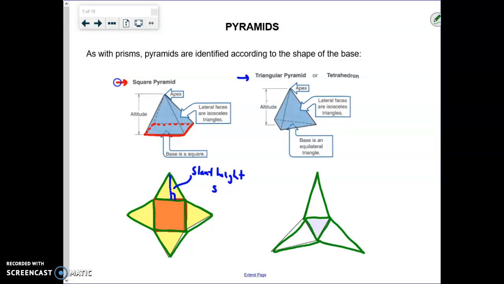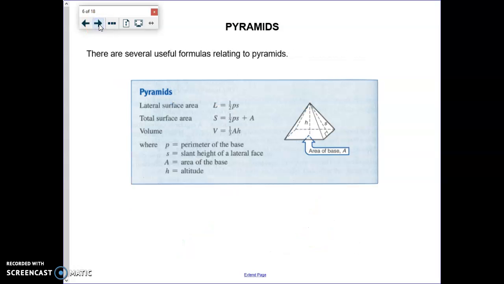Now in a right pyramid, those lateral faces will always be isosceles triangles. So the first one, a square pyramid, has a base and 4 lateral faces. On your triangular pyramid, you have the base, shaded in, and then 3 lateral faces, which are isosceles triangles. Okay, now the formulas.